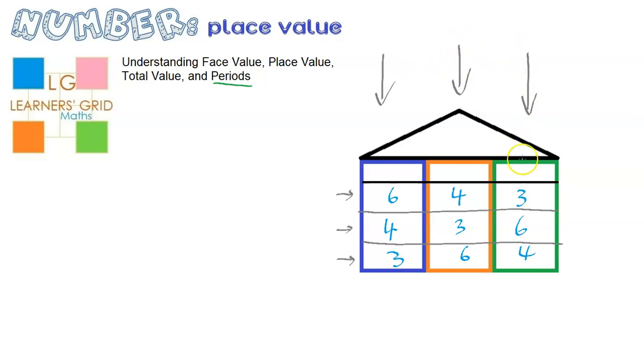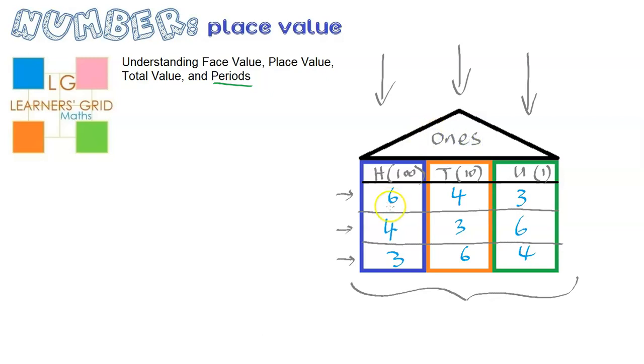So this one is the units, right? We'll call this one the units. You can call it the ones as well. And I'll put a little 1 there. This one here is the tens, and I'll put a little 10 here. And this one here is the hundreds, and I'll put a little 100 here to help us later on. Now this whole group here, as indicated by this roof, is called a period, and this is called our ones period.